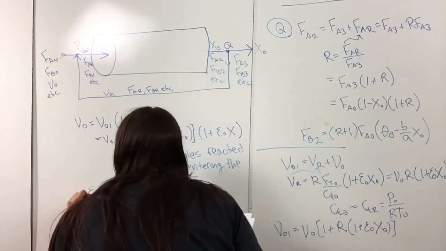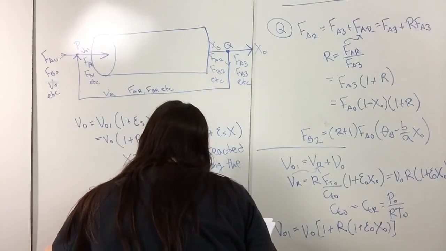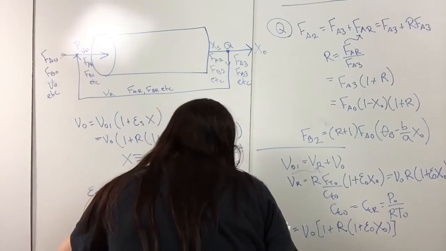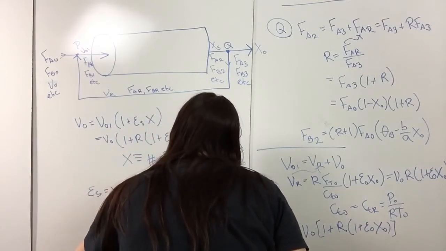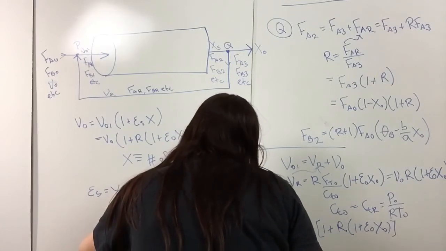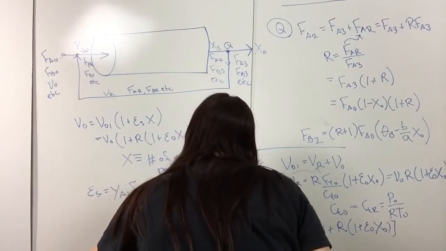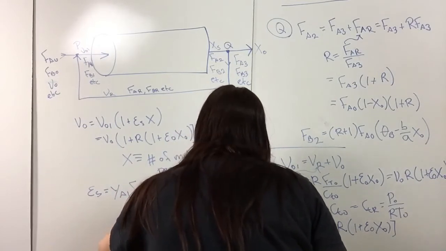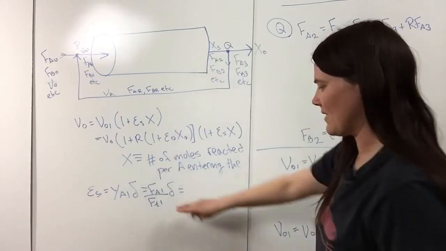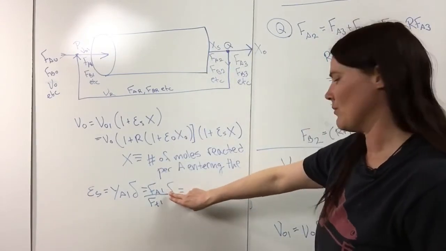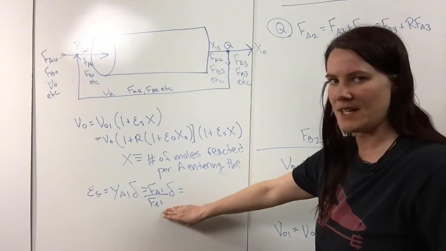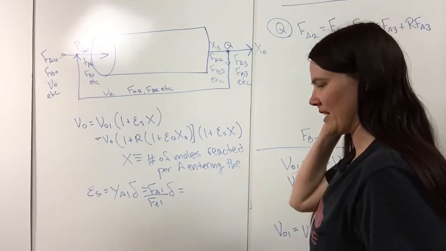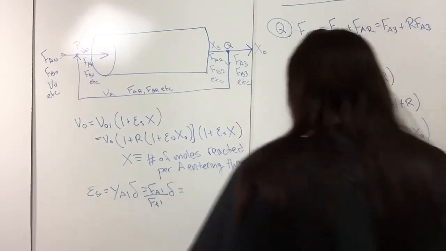So epsilon S is equal to YA1 delta, which is equal to FA1 over FT1 delta. And we've already derived a relation for FA1, and using the same concept, you should be able to derive a relation for FT1.